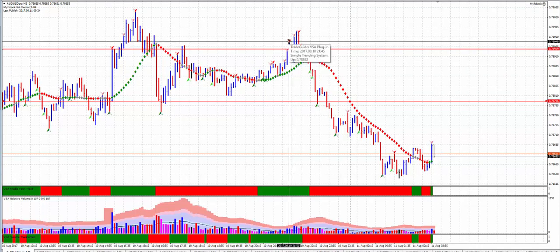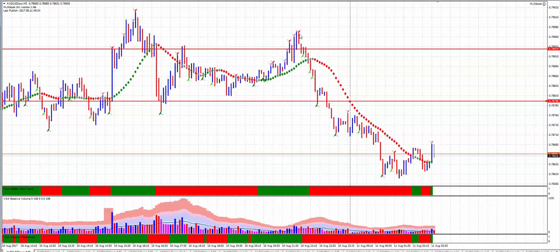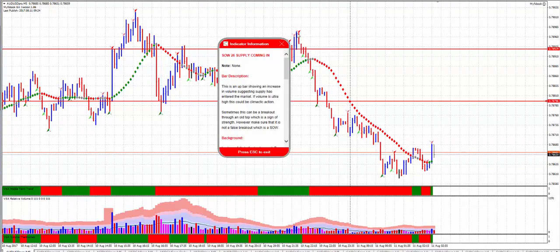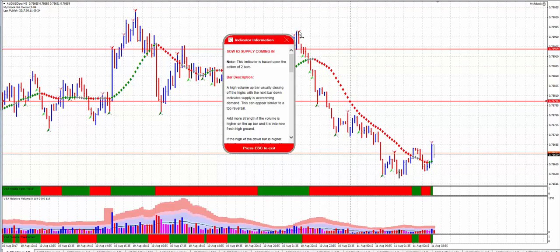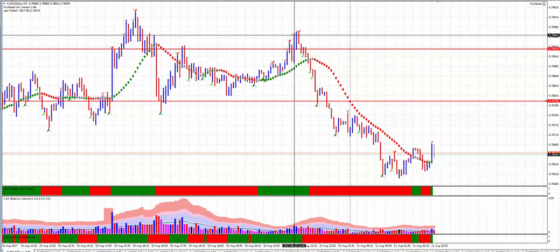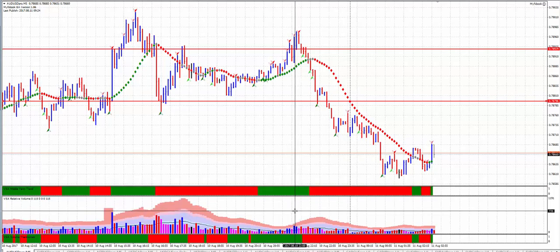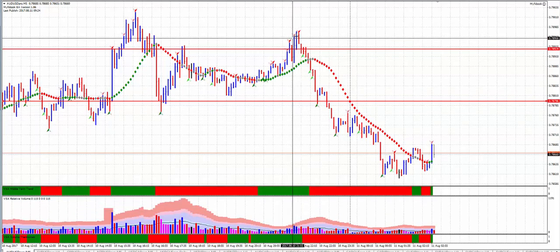And we do get VSA principles here, a buying climax, right? We get supply coming in, and we get a further supply coming in. Okay, we can see on those bars where it shows supply coming in, we do have ultra high to high volume.